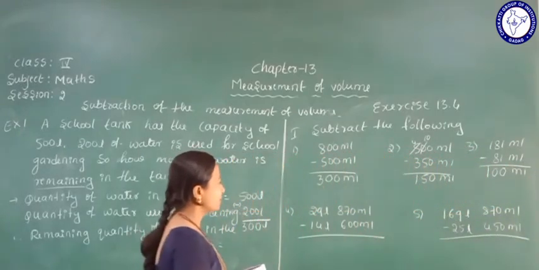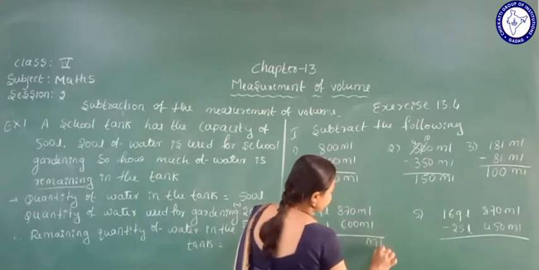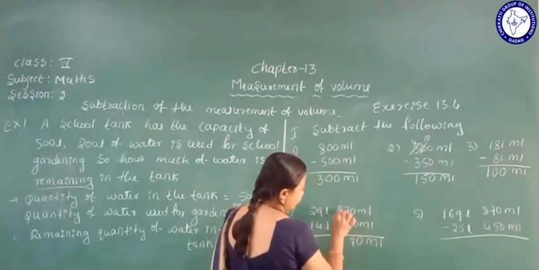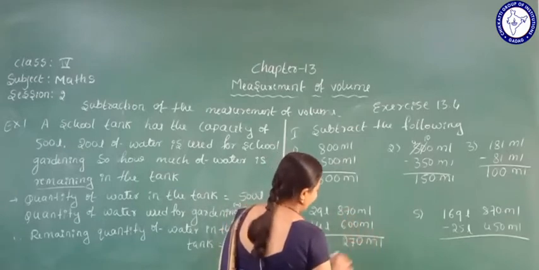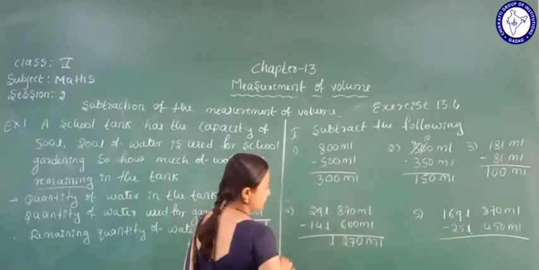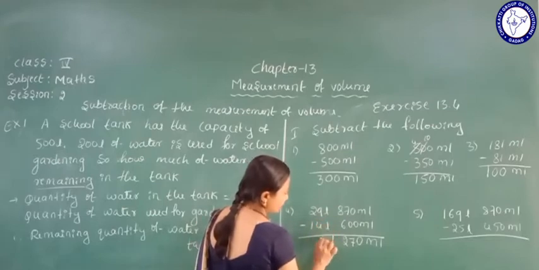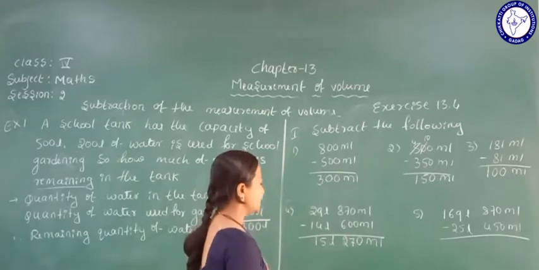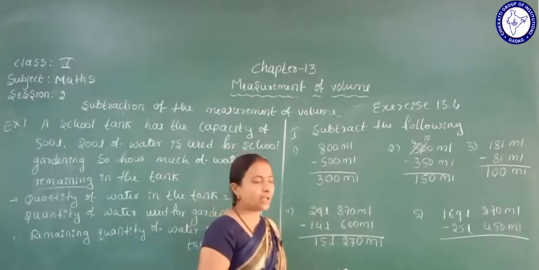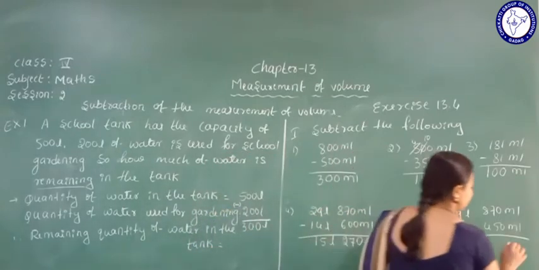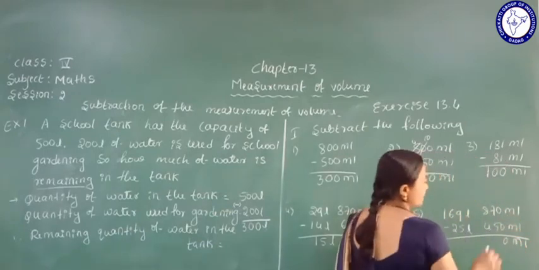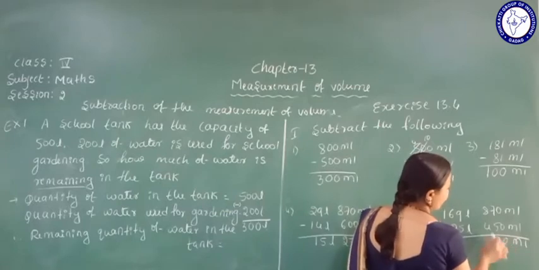Next one: 0 minus 0 is 0, 7 as it is, 8 minus 6 is 2. Here we'll write liter: 9 minus 4 is 5, 2 minus 1 is 1, so 15 liter 270 ml. Next one: 0 minus 0 is 0, 7 minus 5 is 2, 8 minus 4 is 4.